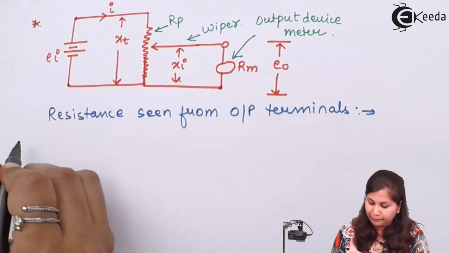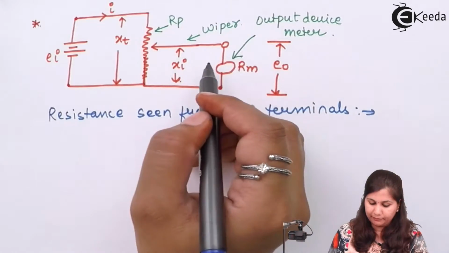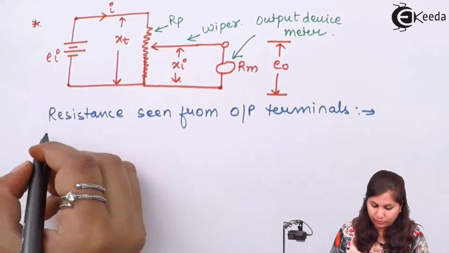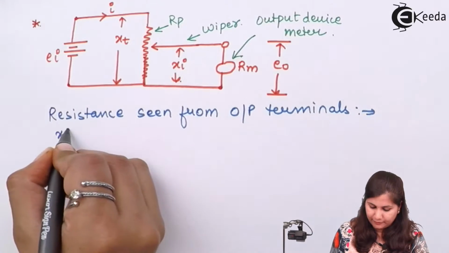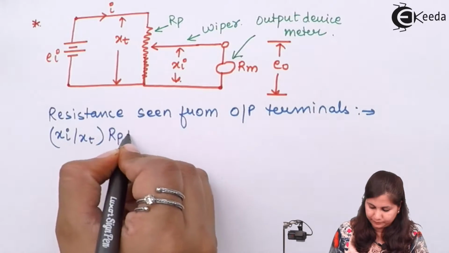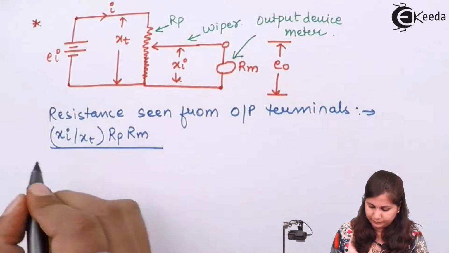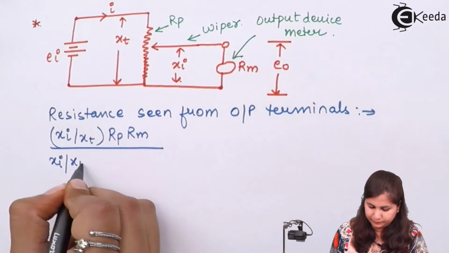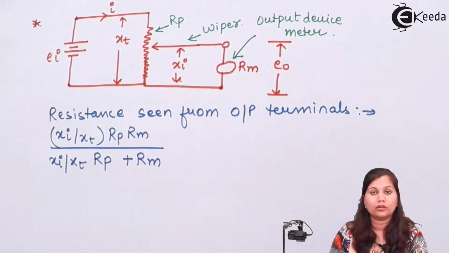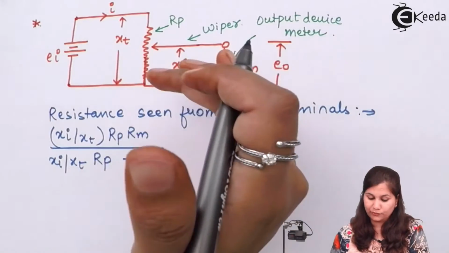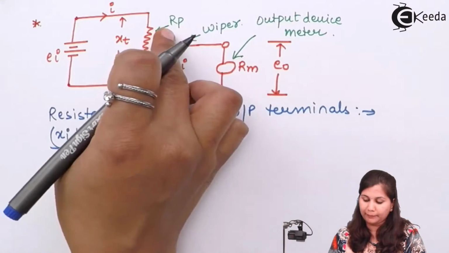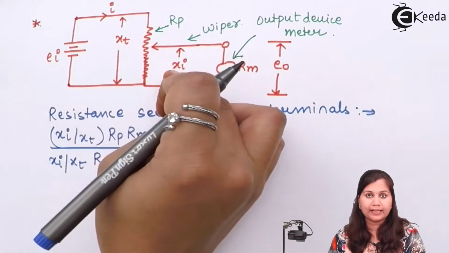It will be given by the parallel combination of this Rm and the resistance of the potentiometer, that is Rp. So this is Xi by Xt. When we are seeing the resistance from the output terminals, it will be a parallel combination of Rm and the Rp multiplied with this Xi by Xt.